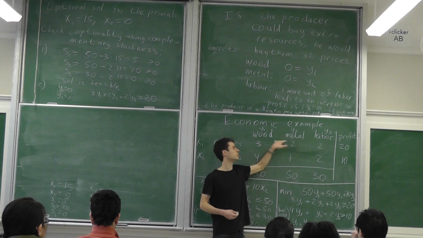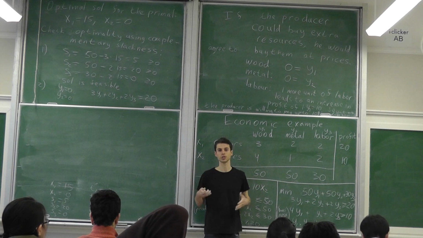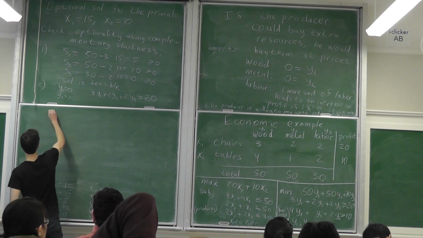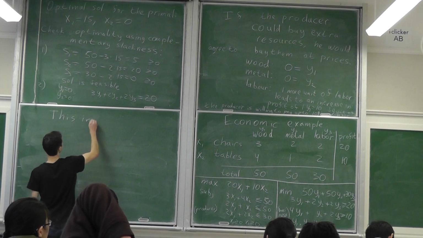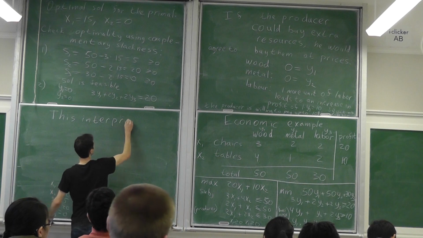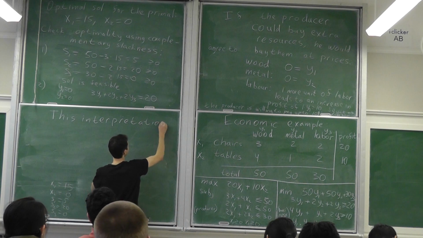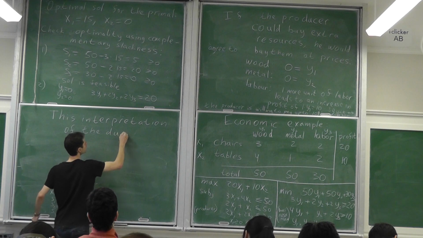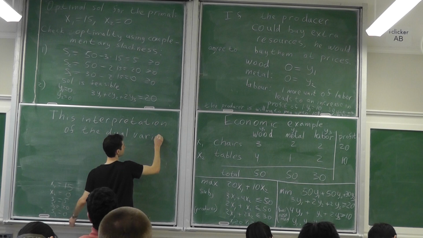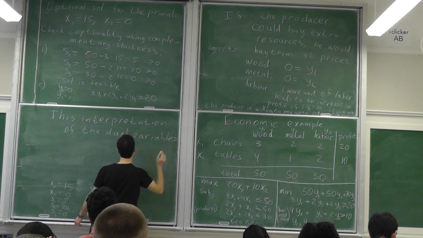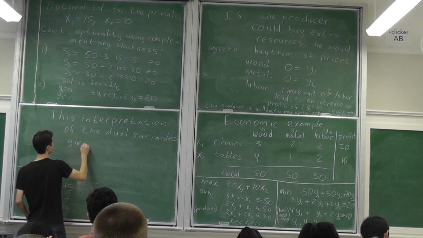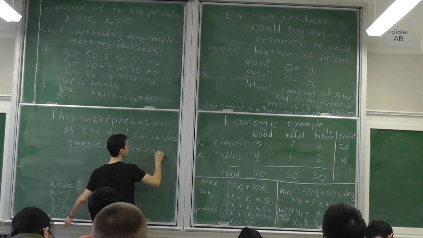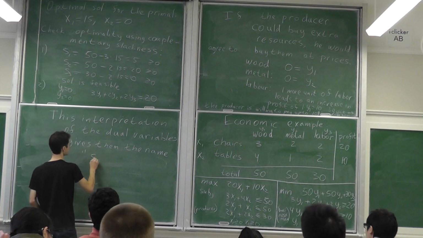Extra capacity in metal or in wood, 0, because you cannot use this extra capacity to derive extra profits. So this is the calculation of the dual variables. Give them the name shadow prices.